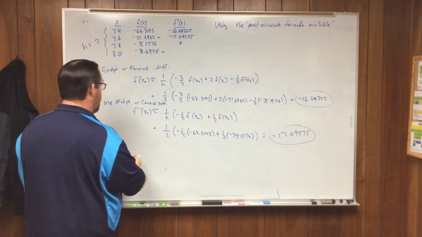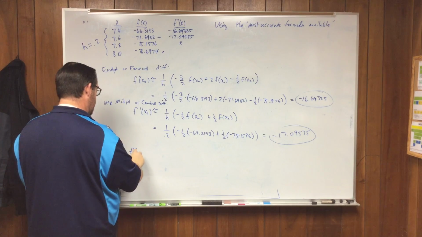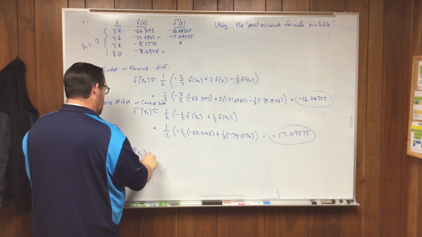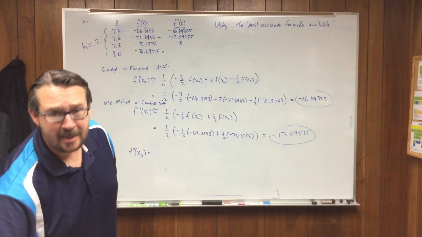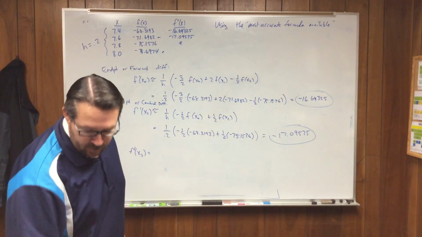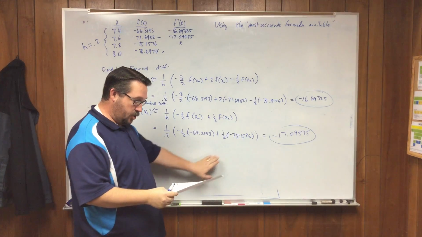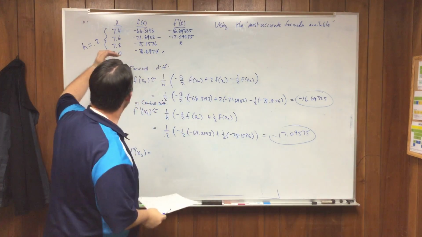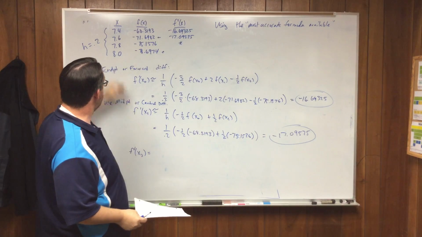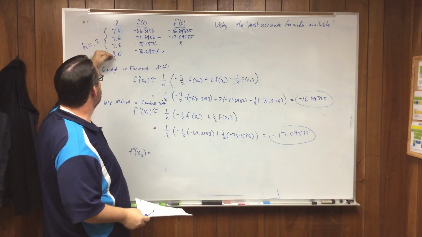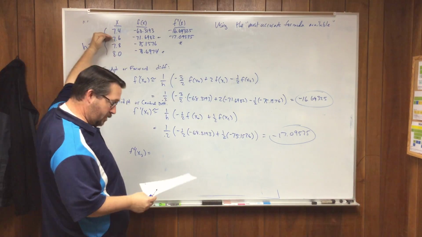So I'm going to skip over that, and let's do f prime at x3. Just see how I adapt the formula. Remember that the formula was something to the effect of a positive 1/2, a negative 2, and a positive 3/2. But if I'm going to do from x3, or from this 8.0, I'm going to do that point and the previous 2.